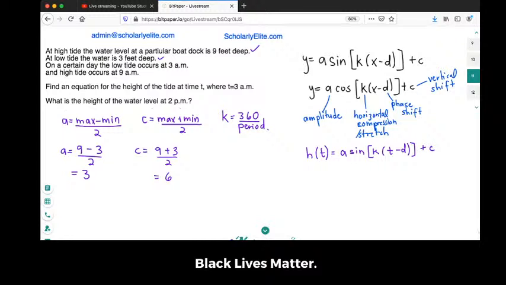basically, we can assume that this happens over a certain period of time. And what we're saying to ourselves is, if the low tide occurs at 3 a.m., let's say low tide is here, this is at 3 a.m., and the high tide is here, and this is at 9 a.m., that means that halfway through the cycle, from here to here, takes 6 hours.